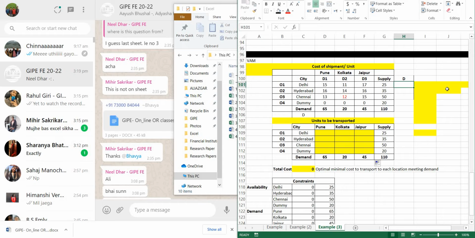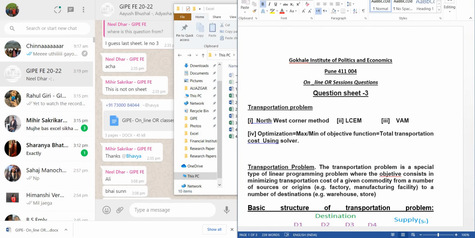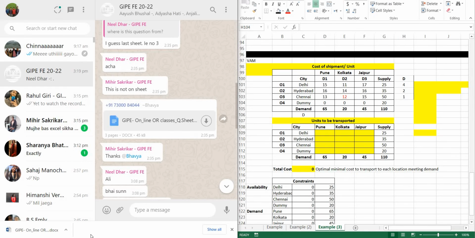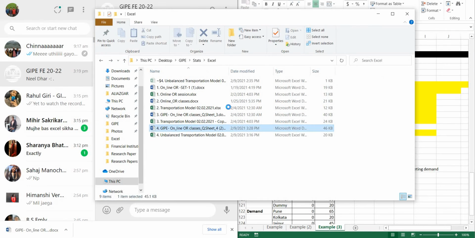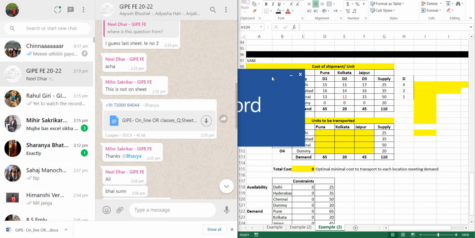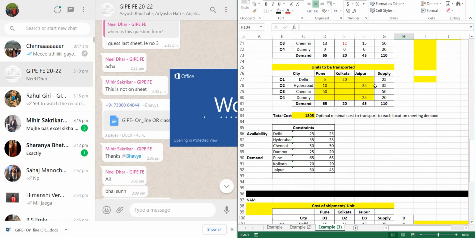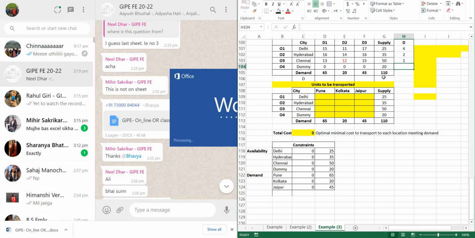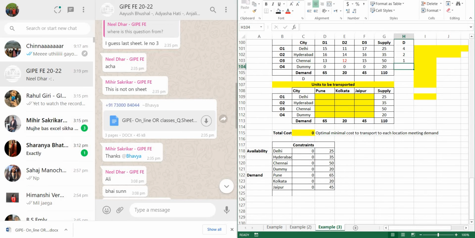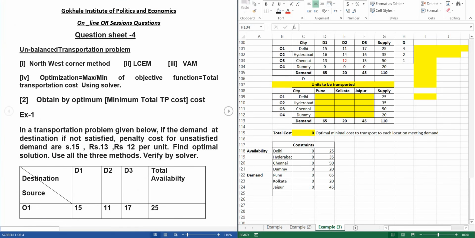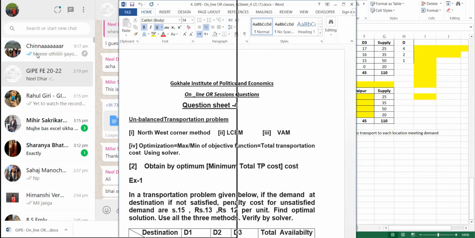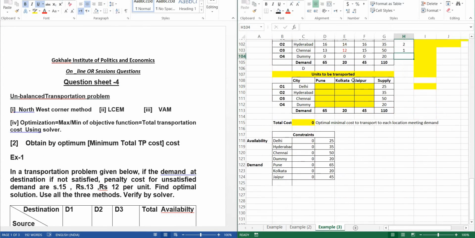Let me put a different color for it. Now, let us solve it. My objective will be minimum. Allocation cells are these.